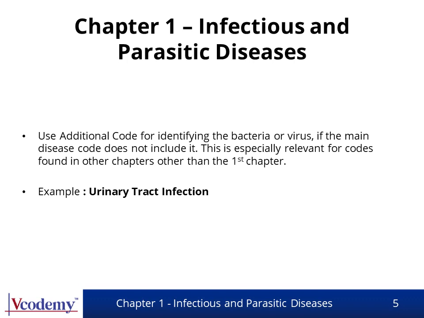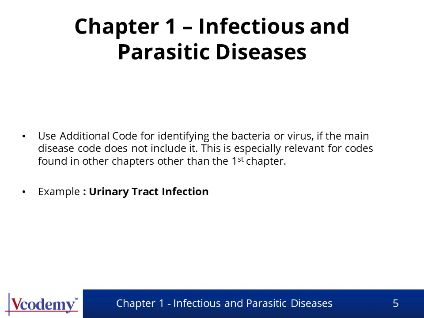The instructional note informs coders to use an additional code to identify the infectious agent and refers to the code range B95 to B97. You get the infectious agent from the category B95 to B97. Codes for acute laryngitis and tracheitis do not have an infectious organism as part of the code description, and therefore it is necessary to use an additional code from chapter 1 for the bacteria or virus.